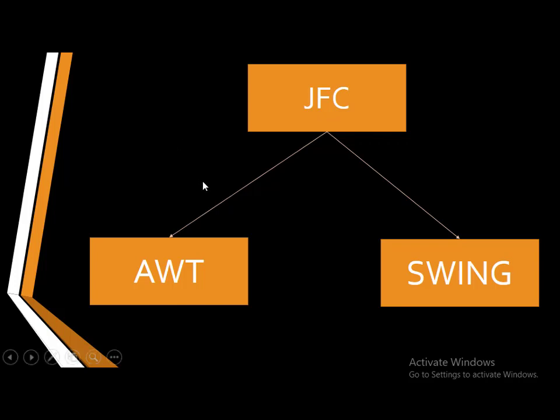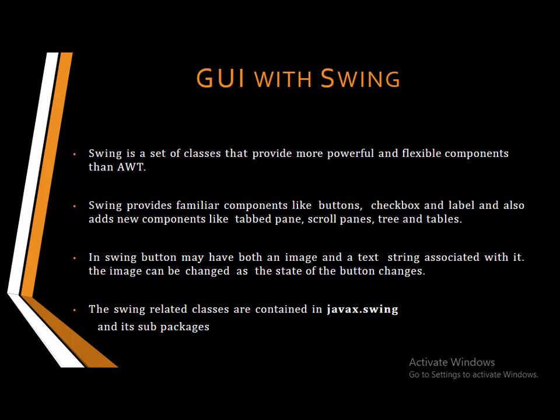One we have already learned, and that is Abstract Window Toolkit components. And in this session we are going to learn about the other facility provided by the JFC, and that is known as Swing. Now first we will see what is Swing.